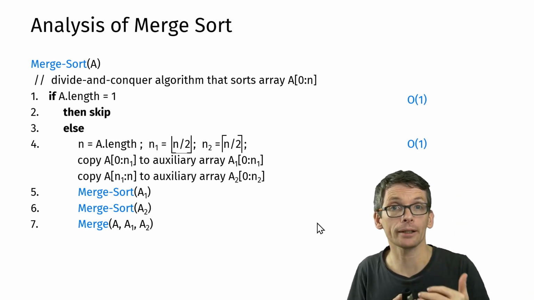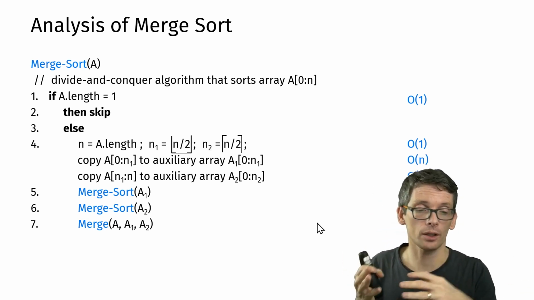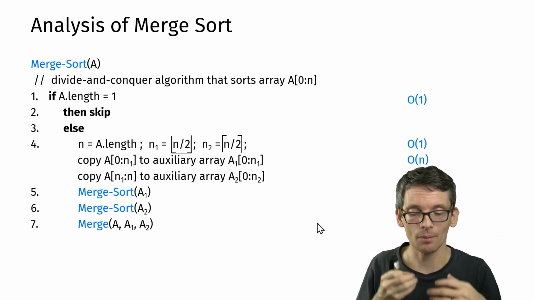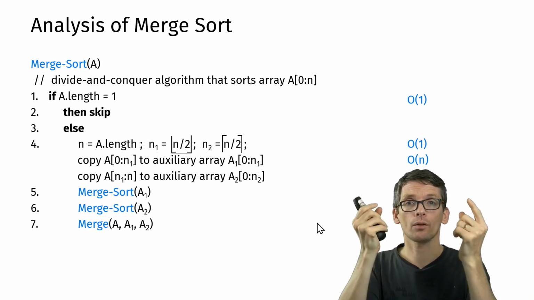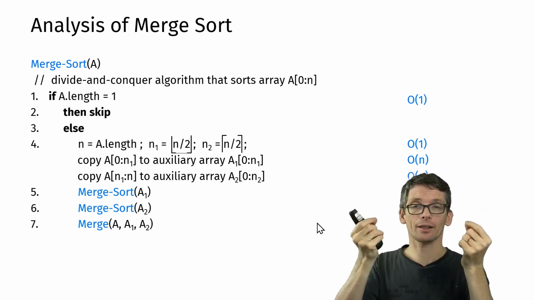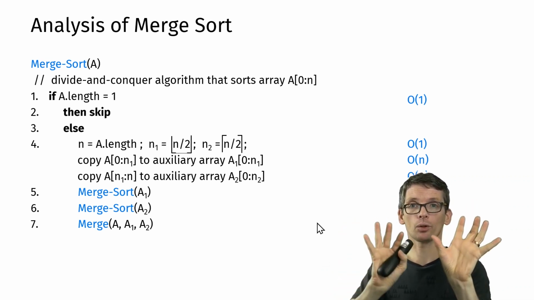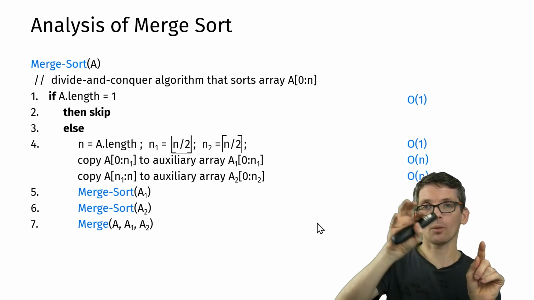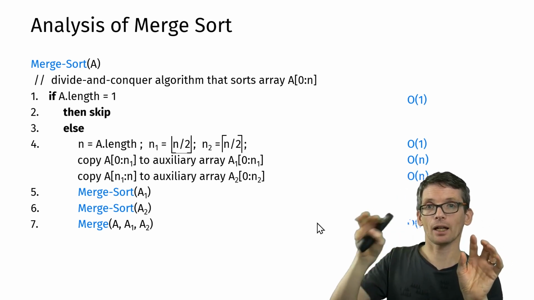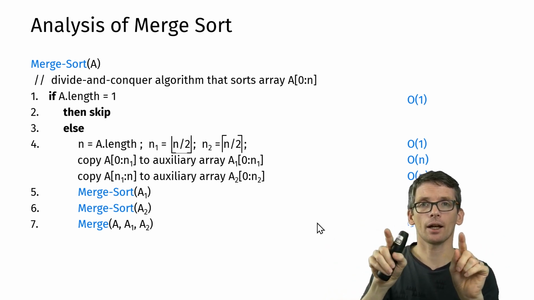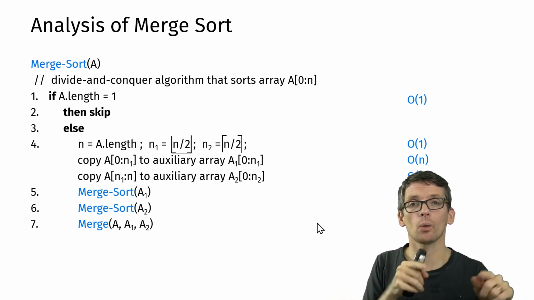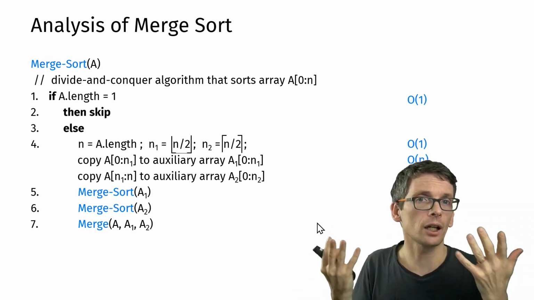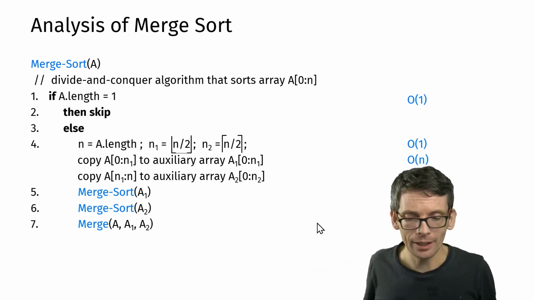But then the copying takes linear time: we copy the first half to A1, the second half to A2, so both of that takes linear time. The merging also takes linear time because we have the two subarrays, and we always take the smallest element of the remaining elements, place it in A, and then move one on. So essentially we look at every element once. We're looking at a linear number of elements, so that takes linear time.